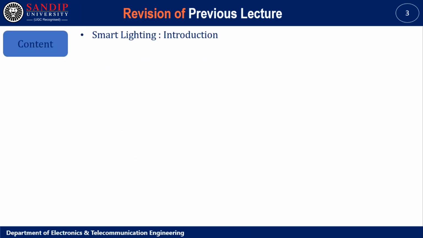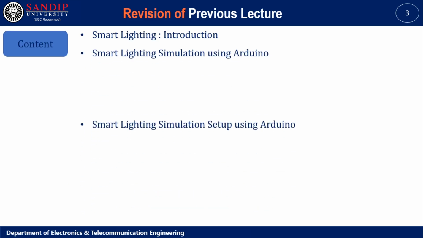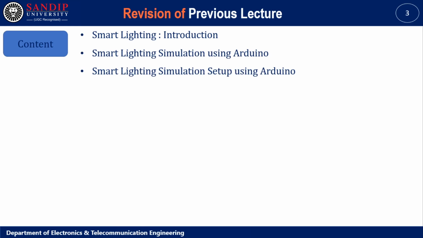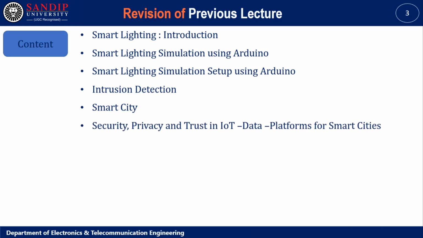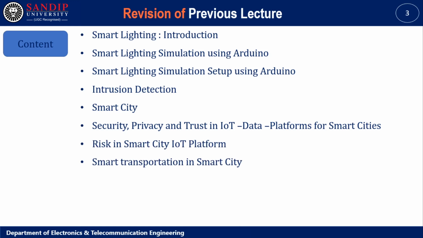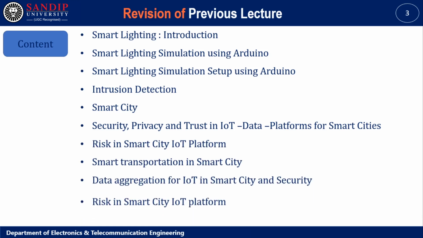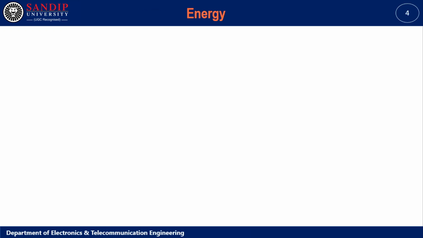In the previous lecture, we have discussed smart lighting introduction, smart lighting simulation using Arduino, smart lighting simulation setup using Arduino, intrusion detection, smart city, security, privacy, and trust in IoT, data platforms for smart cities, risk in smart city IoT platform, smart transportation in smart city, data aggregation for IoT in smart city and security, risk in smart city IoT platform, security. Now let us discuss the topic energy.